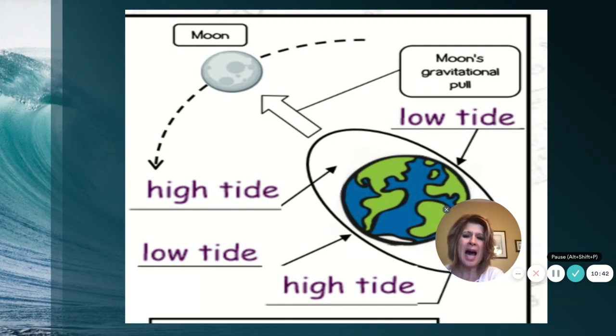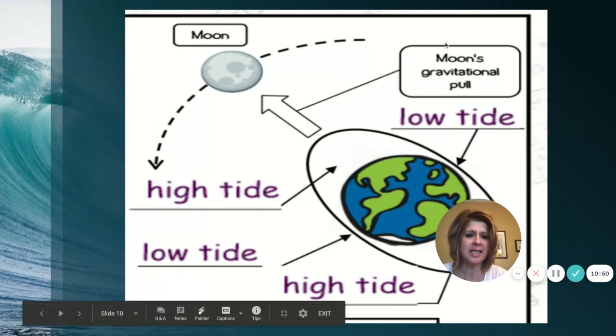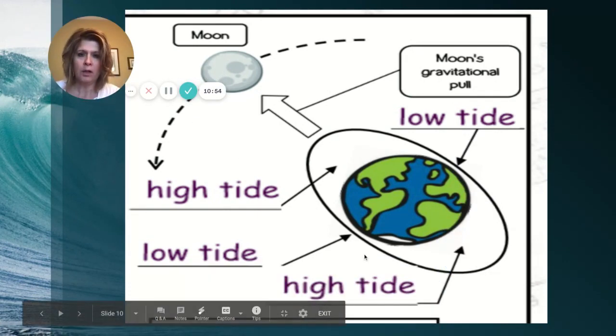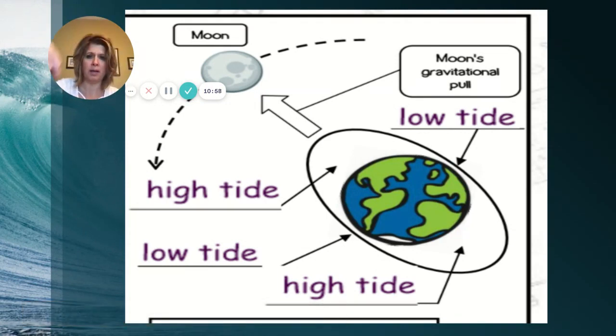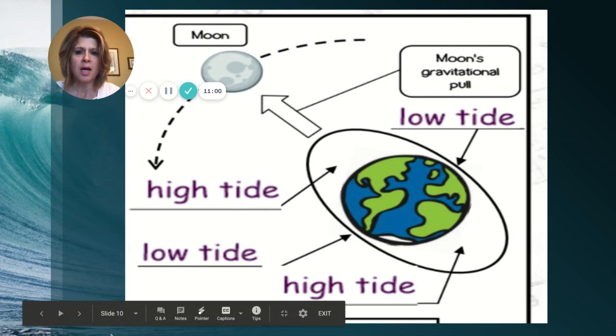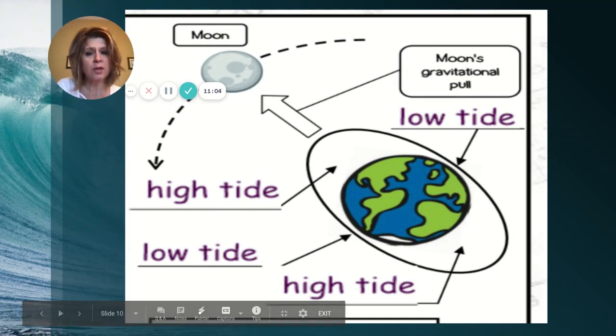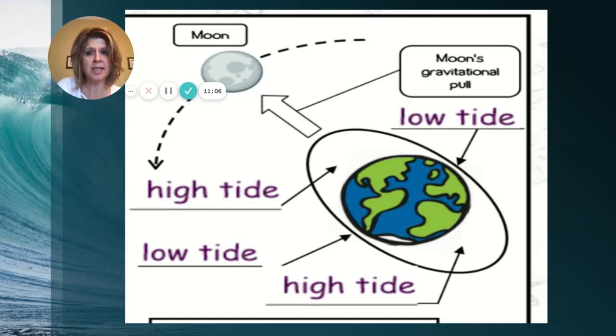Where it has the highest bulge on both sides, just like a rubber band pulls on both sides, these two sides over here are having high tides. Look at how both sides are being pulled in the diagram. The sides opposite of that are not being pulled, so they are known as low tides.